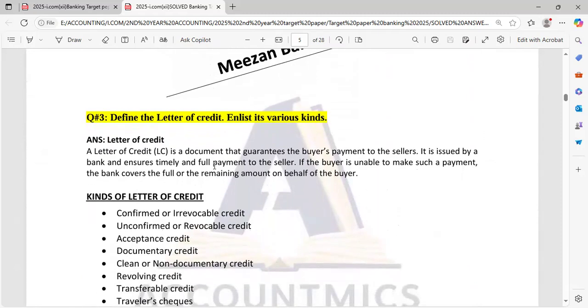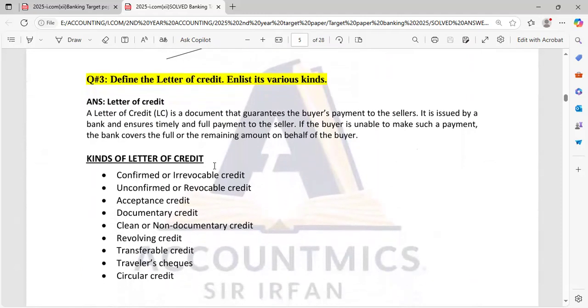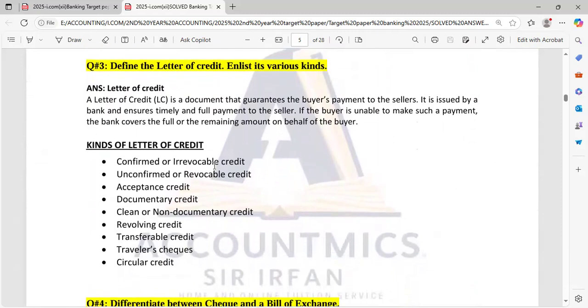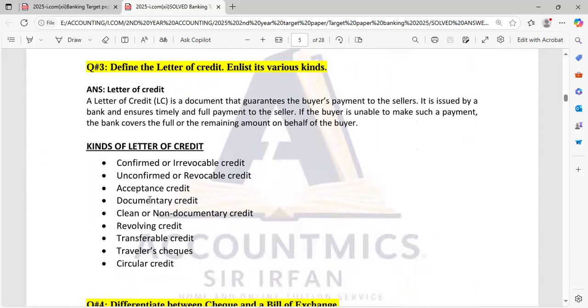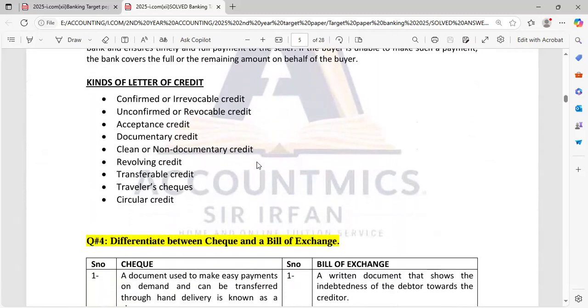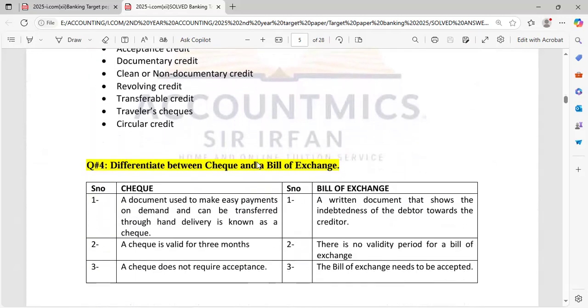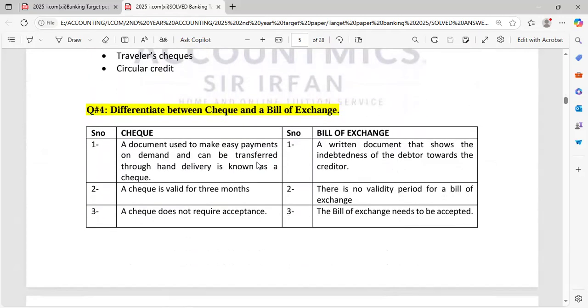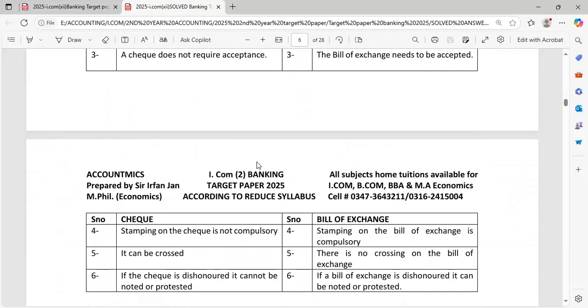So these are the definition of letter of credit and its kinds. You have seen that I just wrote the nine kinds, not elaborated or described them. Then this is the difference between check and bill of exchange. It is quite easy.